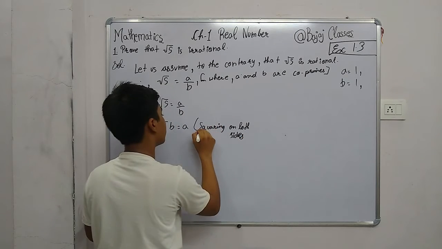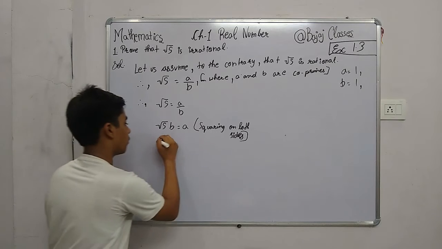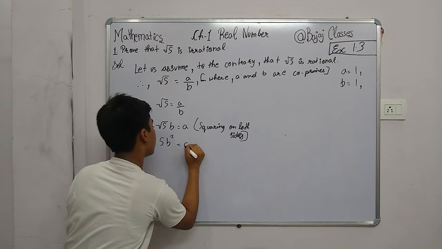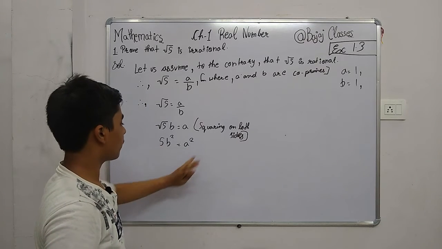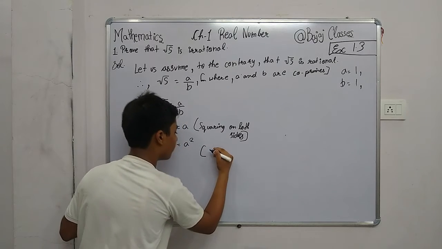If we square it on both sides, what will happen? This is under root, so it will convert to 5, and this is b, so 5b square equals a square. Now we will take this 5 here, and what will happen from theorem 1.3?